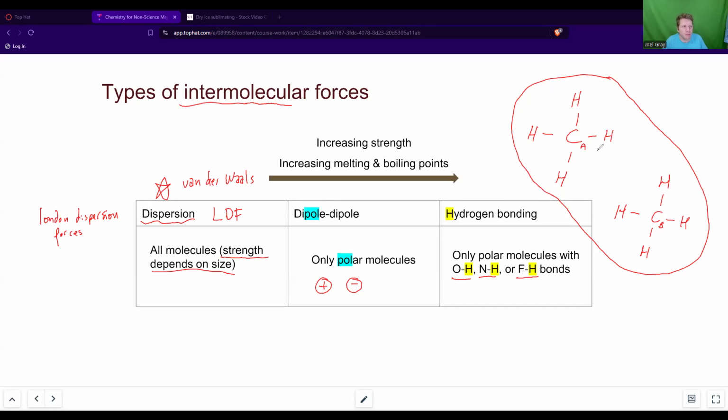So we're talking about this molecule right here and this molecule right here interacting with one another. Now, with this definition, by not having an OH, NH, or FH, these two have no hydrogen bonding. Okay. Next up, we've got dipole-dipole interactions.